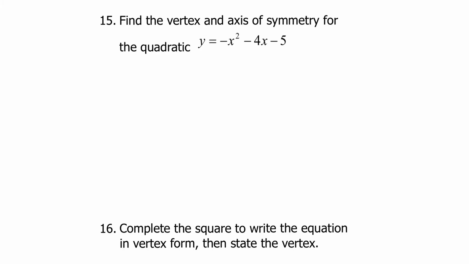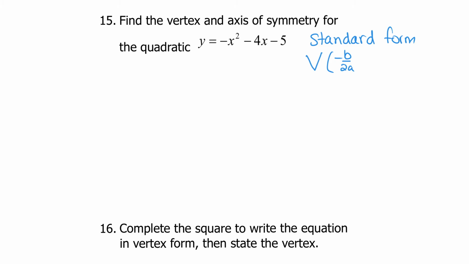All right, last few problems. So number 15, find the vertex and the axis of symmetry for the quadratic y equals -x squared minus 4x minus 5. Well, this is in standard form. So remember, when you have it in standard form, to find your vertex, the x value of your vertex can be found by using this formula, -b over 2a.